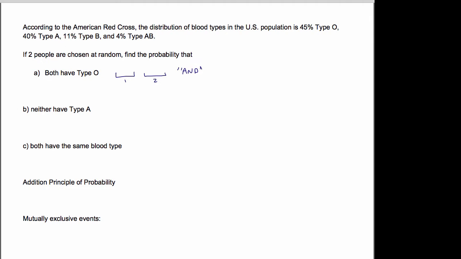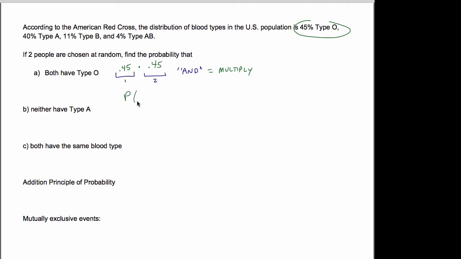And so this is going to be a multiplication situation, because to find this probability, we have that 45% that have type O. The first person has a 0.45 chance of being type O. And because both have to happen at the same time, it's an and situation, and and means multiply.